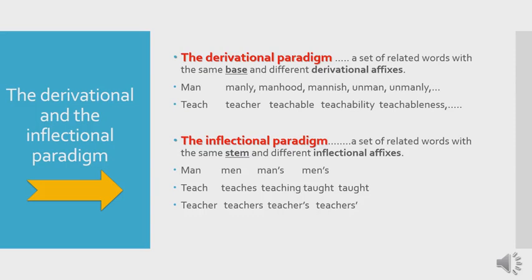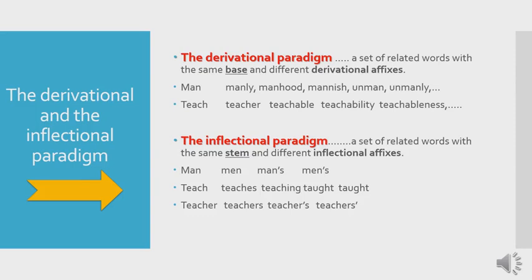Let's have examples. Man. When we take man and identify the derivational paradigm of man, we put any derivational affix that can go with this base, like manly, manhood, mannish, unman, unmanly, etc. But if we want to write the inflectional paradigm of man, we have to identify the inflectional affixes that can go with man.